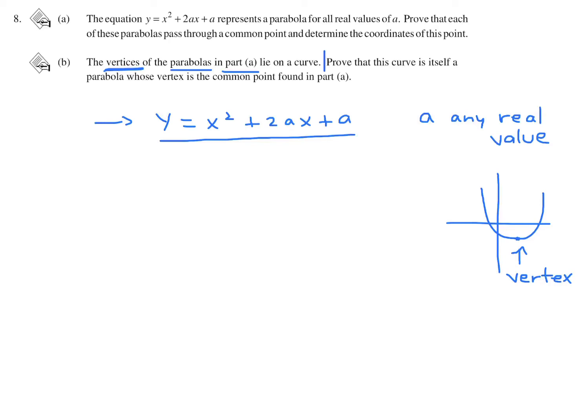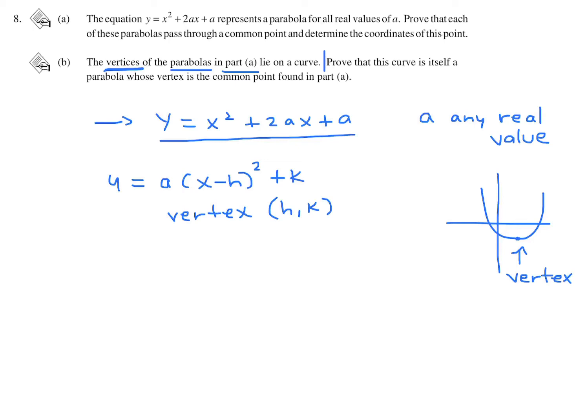Well, before I show how you do that, I have to first show that a parabola can be written in this form: a(x minus h) squared plus k. And if you write the parabola in this form, the vertex is (h, k). Okay?